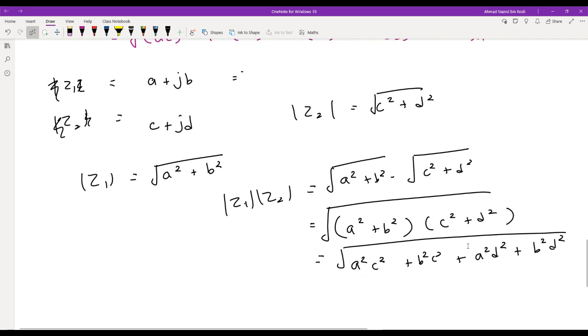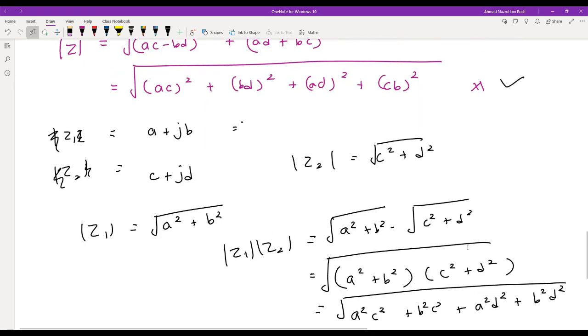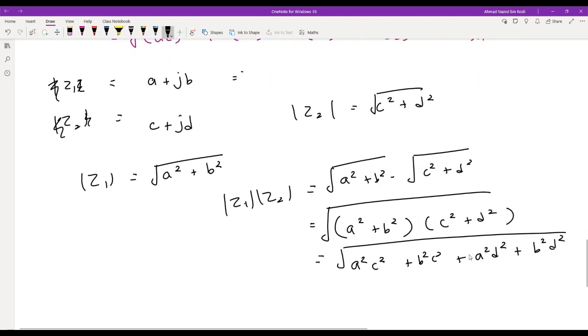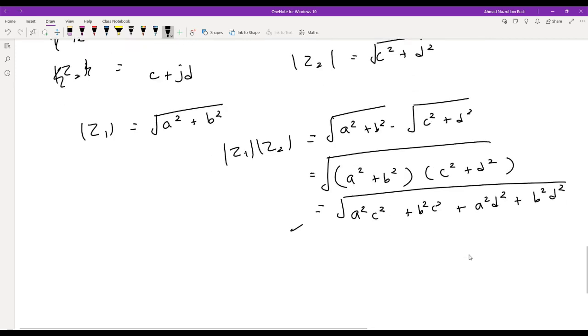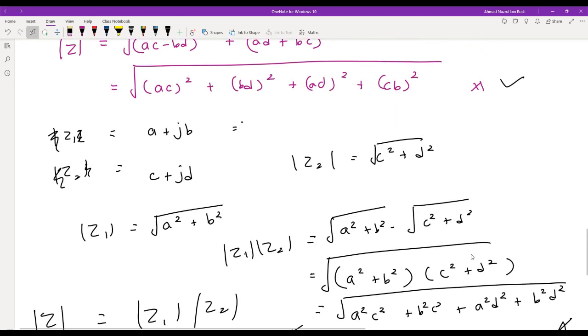BD square, BD square. We have here AD square, A square D square, and C and B. So finally you can get, it is proved that the magnitude of Z is equal to the magnitude of Z1 times the magnitude of Z2, because we can get this same value here.